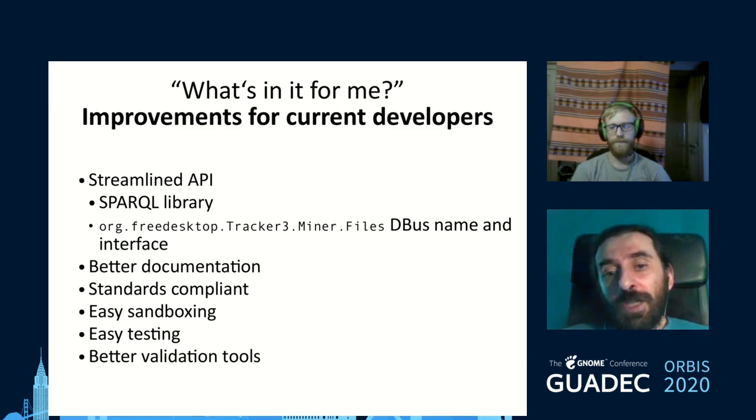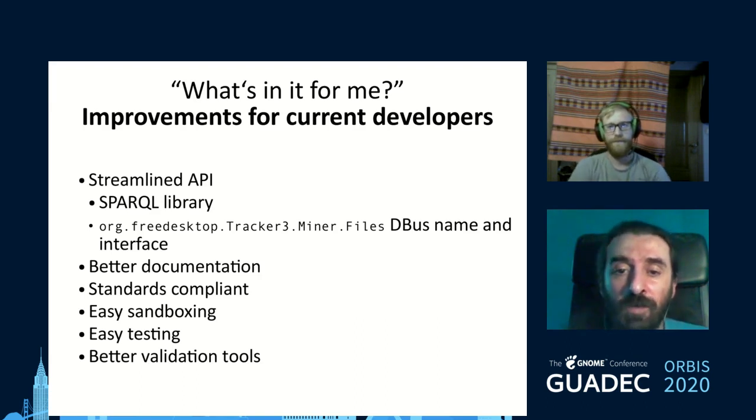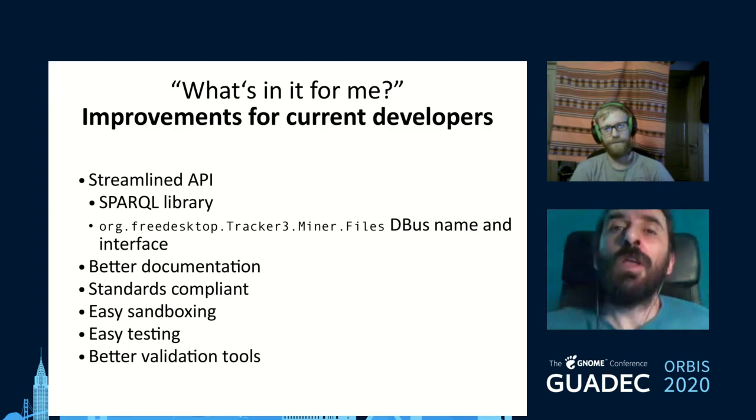So it's got easy sandboxing, which I jumped over. It's what I've been talking about before, these three lines in the Flatpak manifest, which help you listen to this portion of information or this other. And it also got better validation tools, as in, if you are a developer or using Tracker, you have better tools at your disposition.